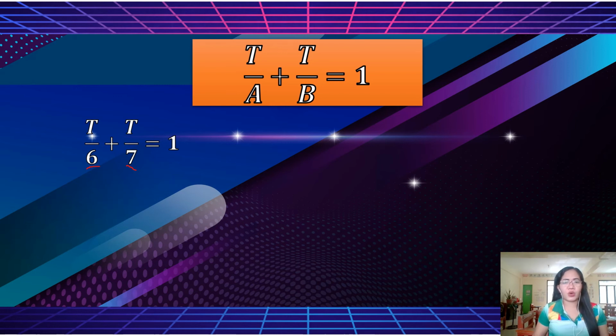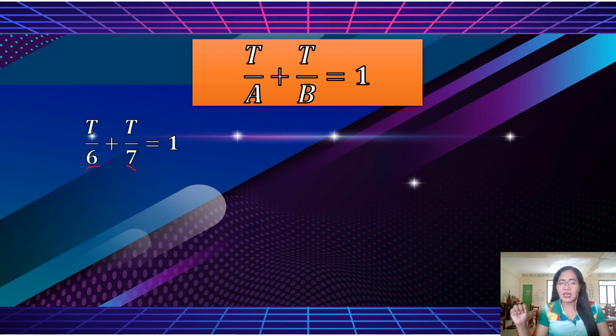Of course, we are going to find the LCD. The LCD of 6 and 7 is a number that can be divided by 6 and at the same time by 7, and that is 42, because 42 divided by 6 is 7 and 42 divided by 7 is 6.